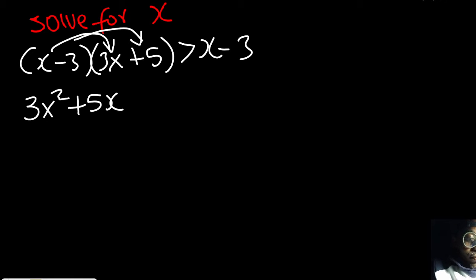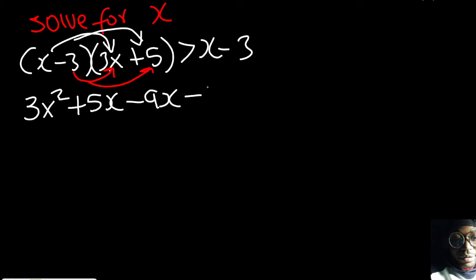Okay, and then we're going to distribute that to that. Negative 3 times 3x results into negative 9x. Okay, negative 3 times 5, that is negative 15.